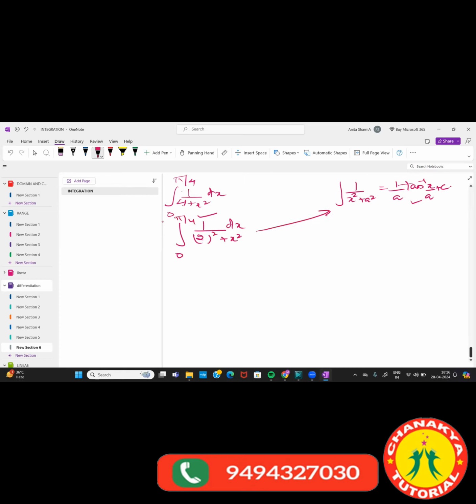Now using this formula, the value of a is 2, na? So you will write 1 upon 2, tan inverse x upon 2, 0 to pi by 4. Now put the values. 1 upon 2 is constant term. So you will write tan inverse pi by 4 minus tan inverse 0.